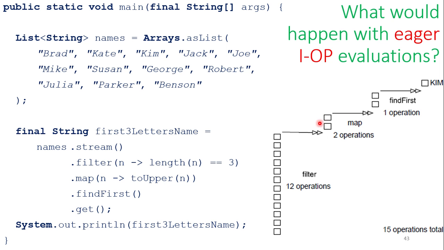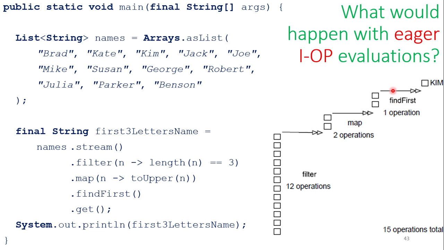After that, we have a new stream as output of the filter step that has 2 elements. We feed that stream to the map step. So the map is going to be applied twice, once on each of those elements, turning them to uppercase. Then we have a resulting stream that has the same number of elements, which is common with map. 2 elements, the uppercase versions of Kim and Joe. And then we apply the findFirst operation, and this is going to be applied only once.